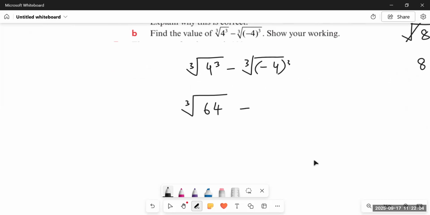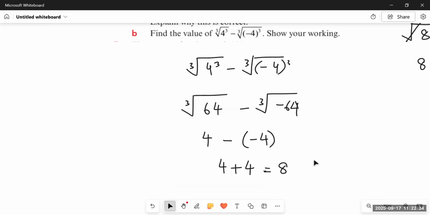And then here comes the minus sign. Then here we have cube root and this one would be minus 64. Now we know that the cube root of 64 is 4 and the cube root of minus 64 is minus 4. So in this case, it would be 4 plus 4 equals 8, not 0.